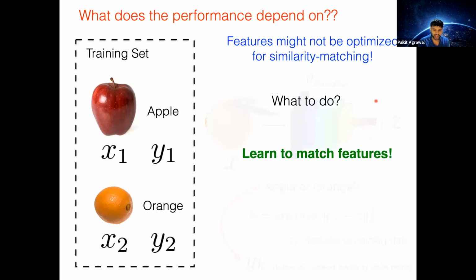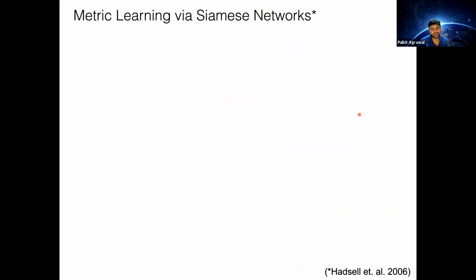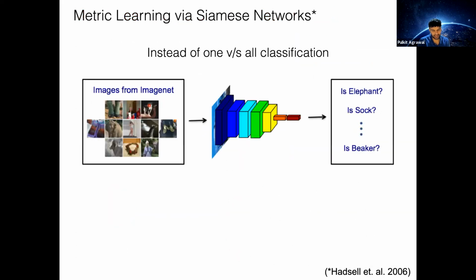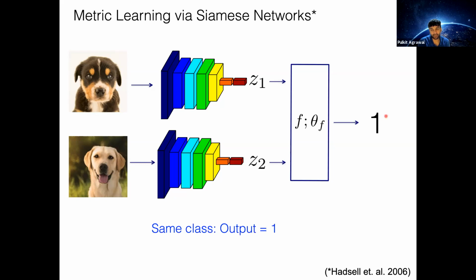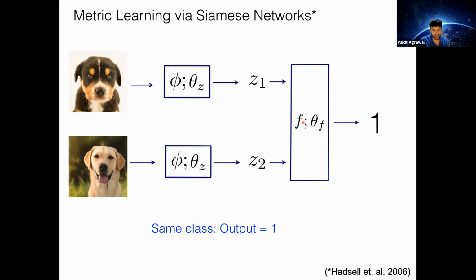So one thing we can do is learn to match features. What do I mean by this? The typical way we think about classification is to take a collection of images and predict the classes. But we can modify the problem and say, if I have two images which belong to the same class, then I predict an output of one.